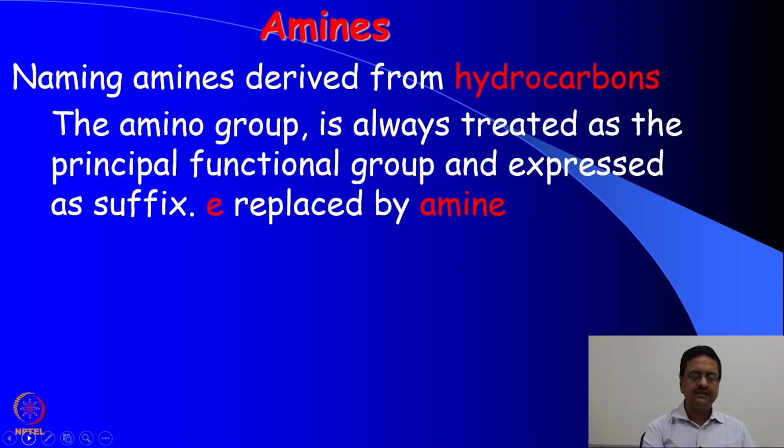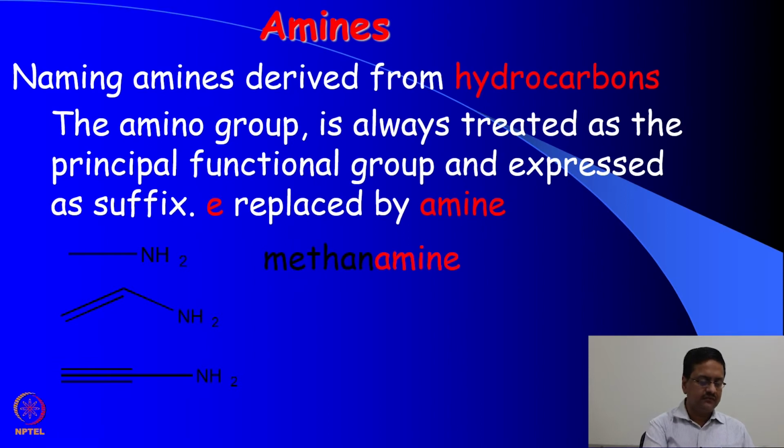So, here this E is replaced by amine. For example, what are the names of these 3 compounds? The first compound is coming from a single carbon compound, methane. So, instead of writing methane-e-amine, we drop that particular E and write it as methanamine.